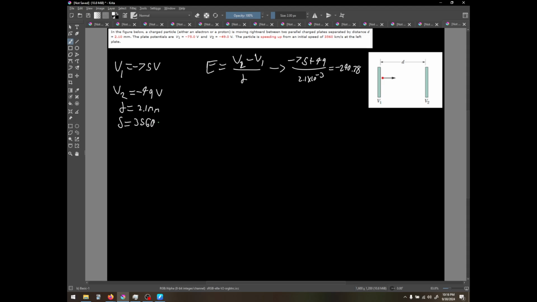This is going to be times 10 to the third meters per second. And as already stated, this one's times 10 to the negative third meters. Now everything should be in the proper units.